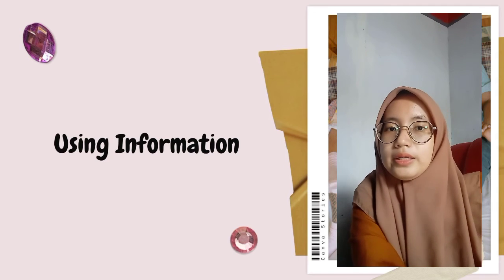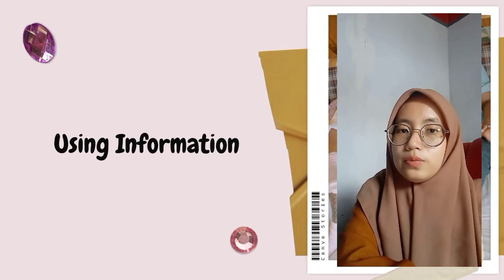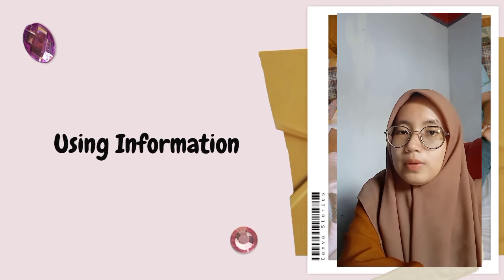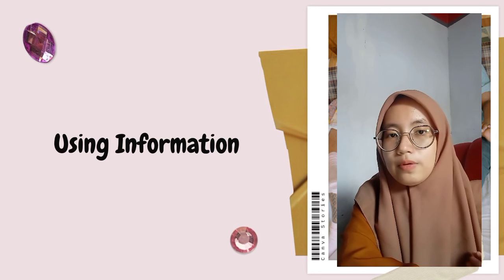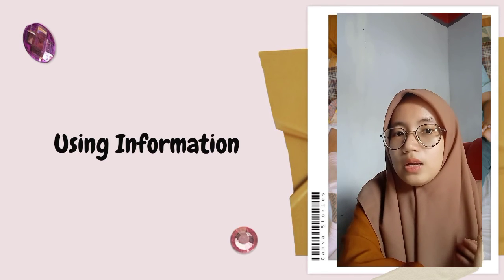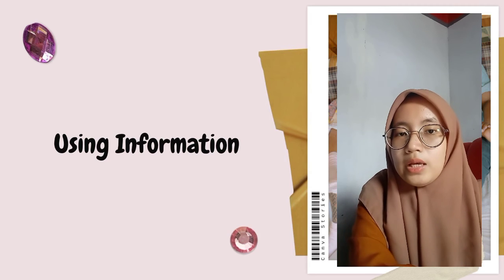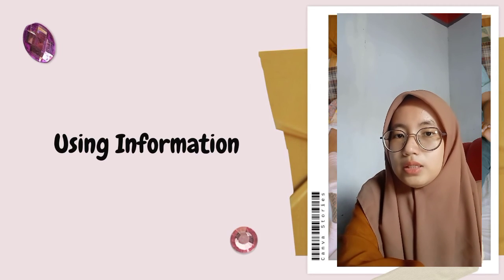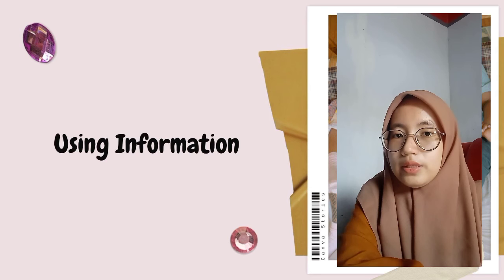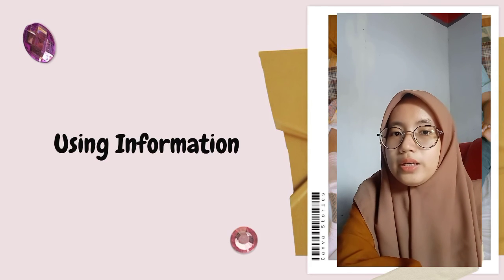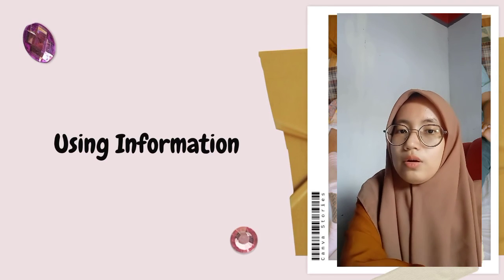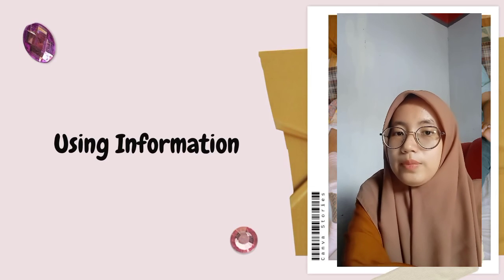B, learning. This level aims to measure what students have learned from the material presented by comparing their performance before and after receiving instruction. Giving a pre-test and post-test is considered very effective to show that learning has occurred as a result of instruction. C, behavior.